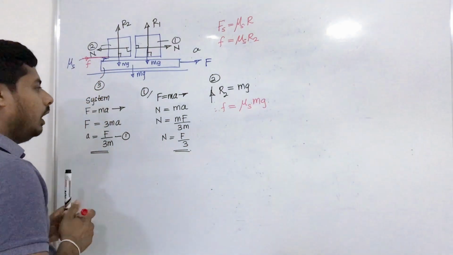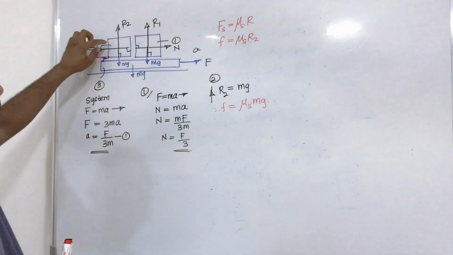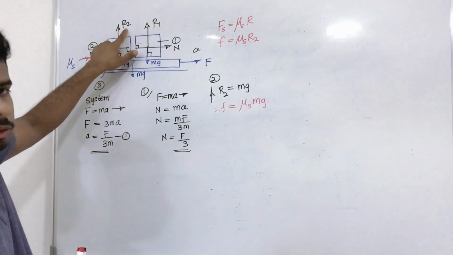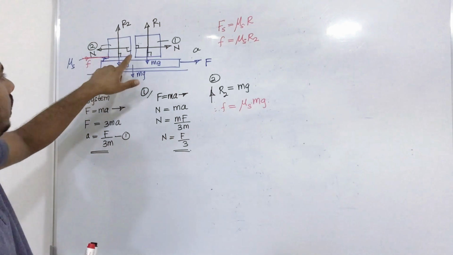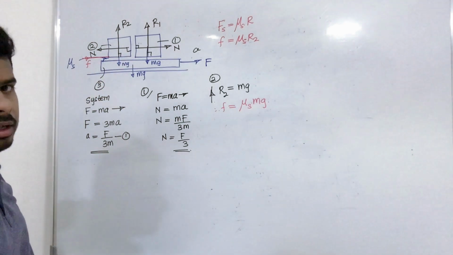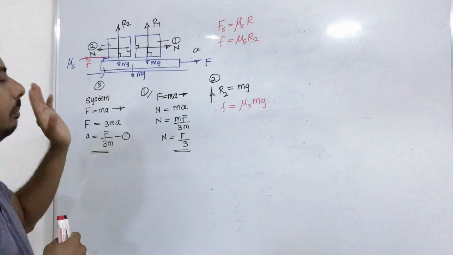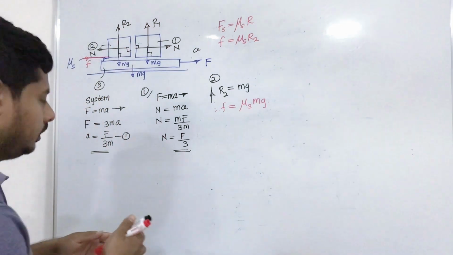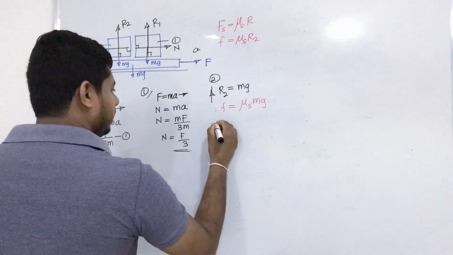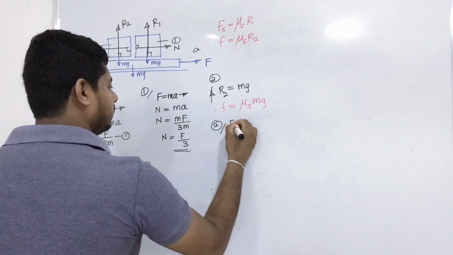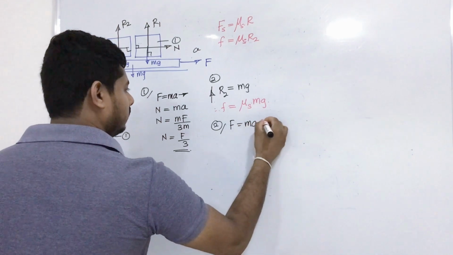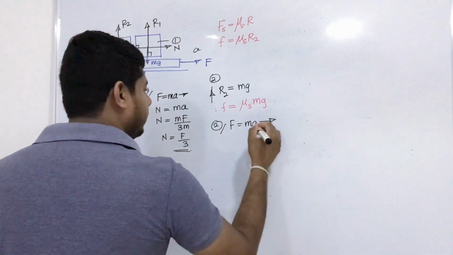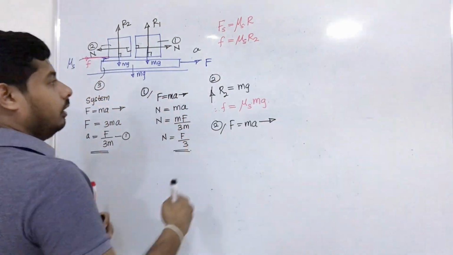Right. Now if you consider this mass, I know almost all the things. I know R2, I know N, I know F. So now I can easily apply F equals ma to the second object. It is also moving with the system, therefore it is moving in the rightward direction.